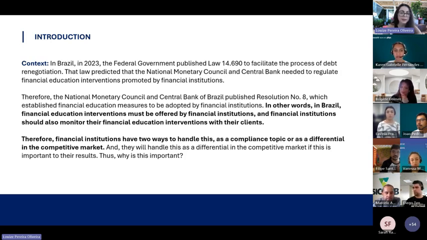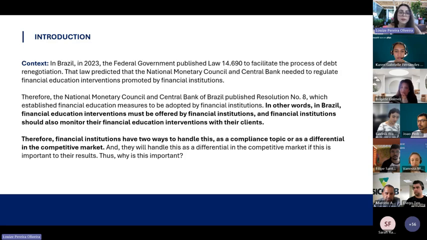So the first thing that's important to explain is the context in Brazil. In Brazil in 2023, we have some laws and regulation that established financial education measures to be adopted by financial institutions. So, in other words, in Brazil, financial education interventions must be offered by financial institutions and also need to be monitored.